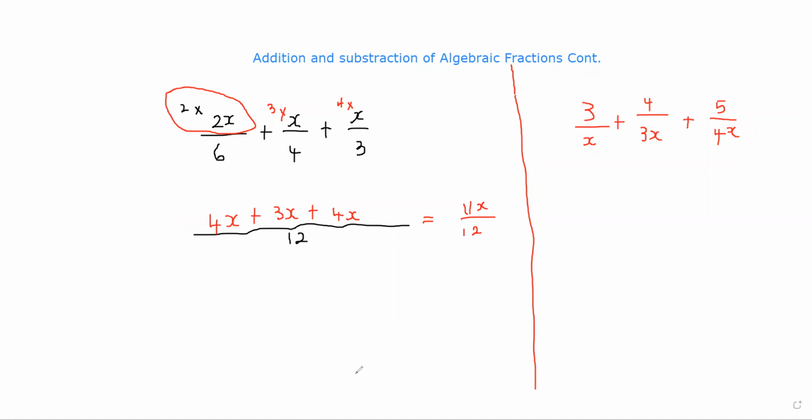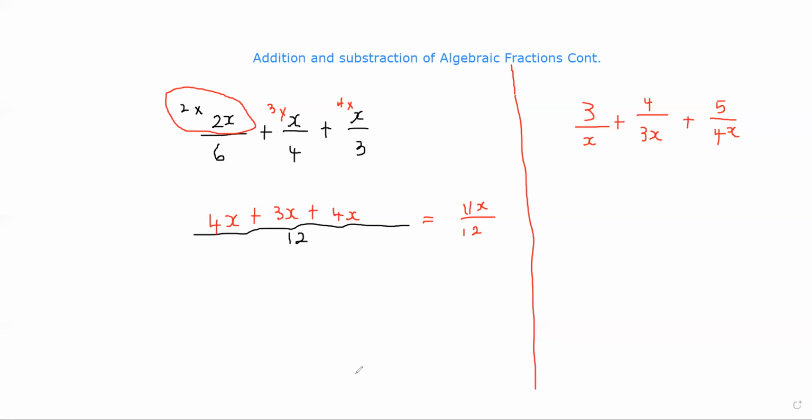So we have 3 upon x plus 4 upon 3x plus 5 upon 4x. Good.